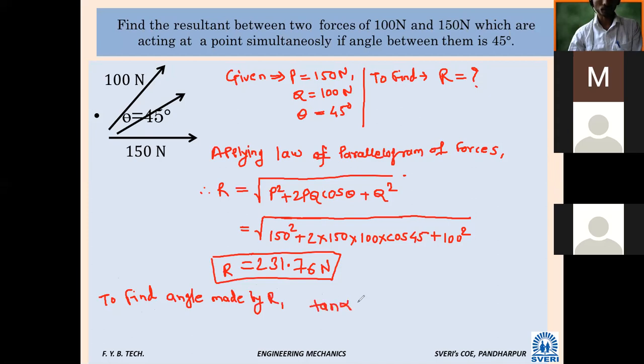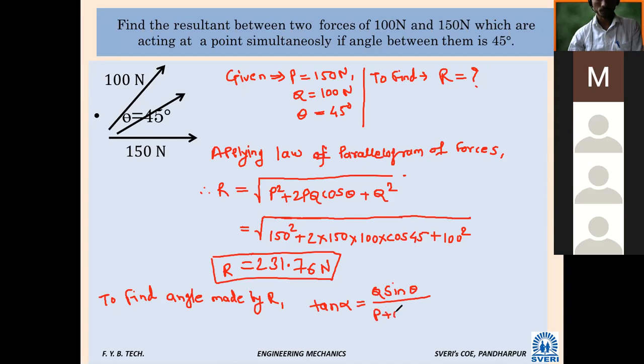Tan alpha is equal to Q sin theta divided by P plus Q cos theta. So Q is 100 into sine 45.